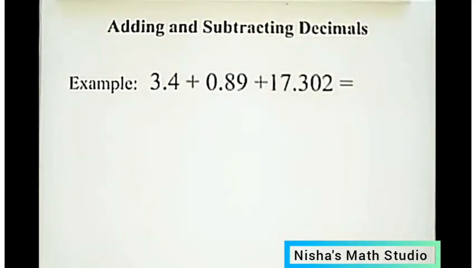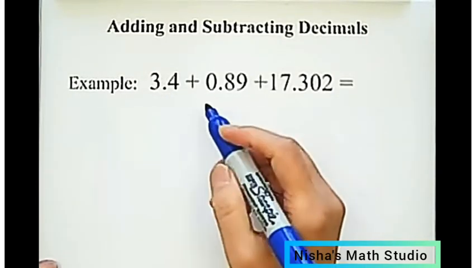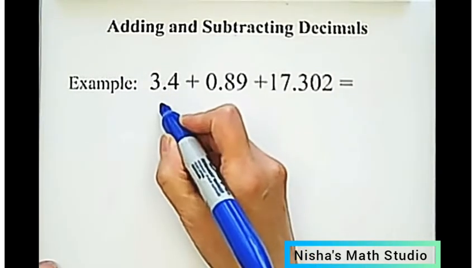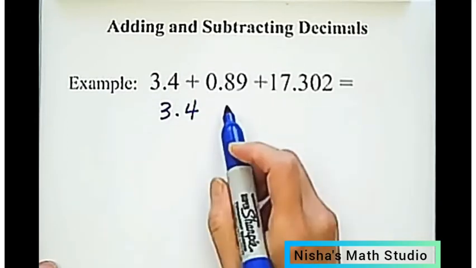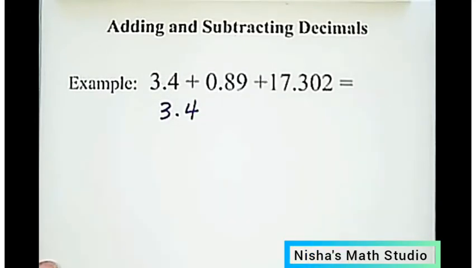We have 3.4 plus 0.89 plus 17.302. How do we add this? First, we will write 3.4. Now, when you write 3.4, you have one place before the decimal point and one after the decimal point.